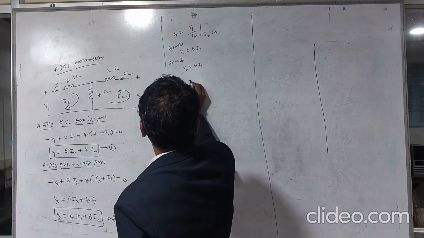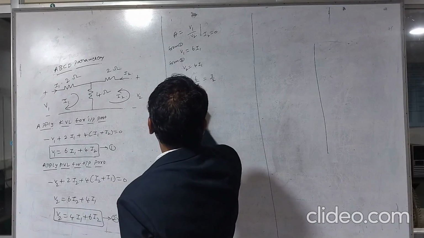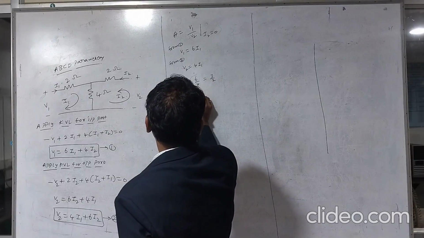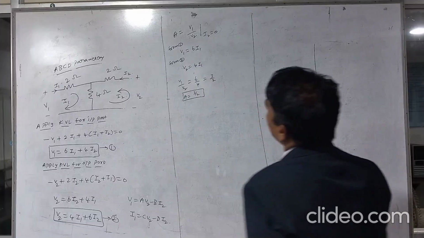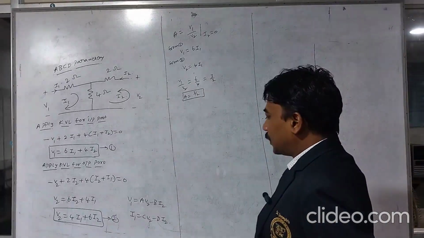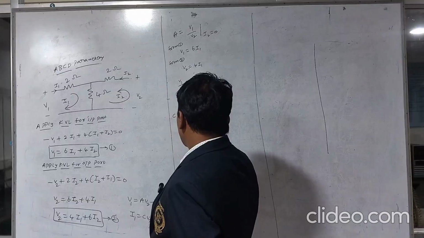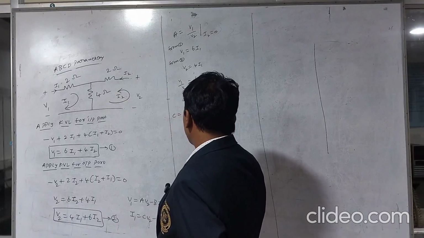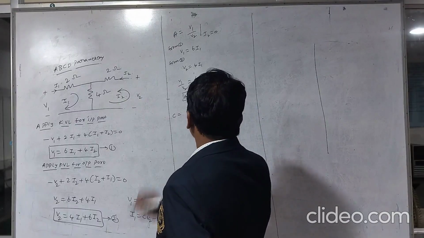Then V1 by V2 gives A. Similarly, by taking the condition I2 equal to 0, we can determine C also, where C is nothing but the ratio between I1 to V2, where I2 equal to 0.